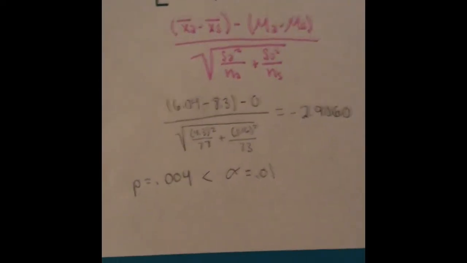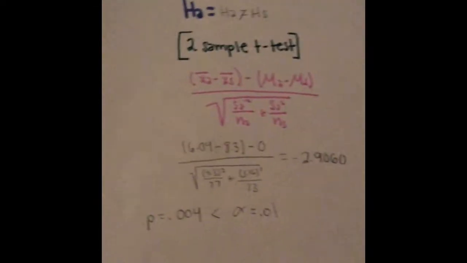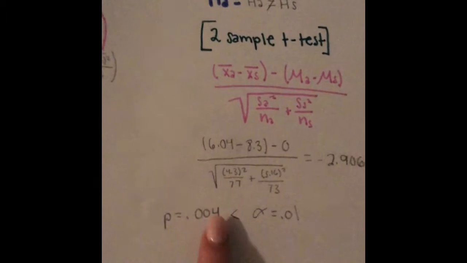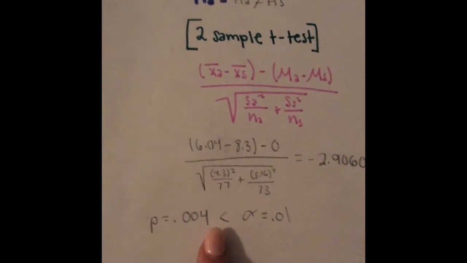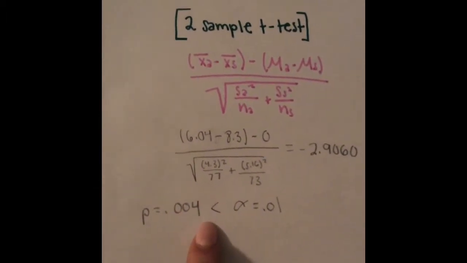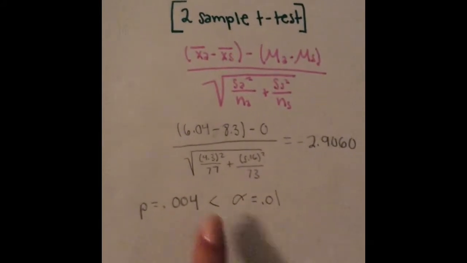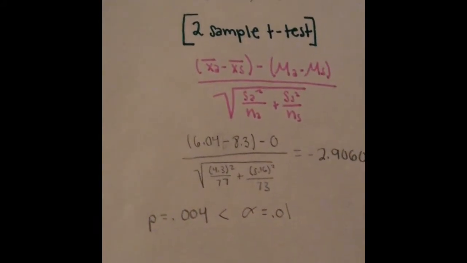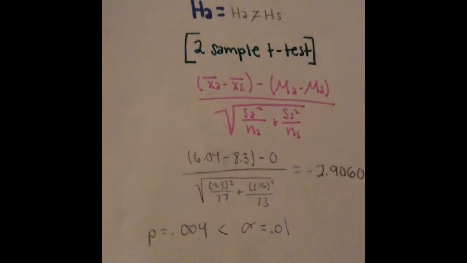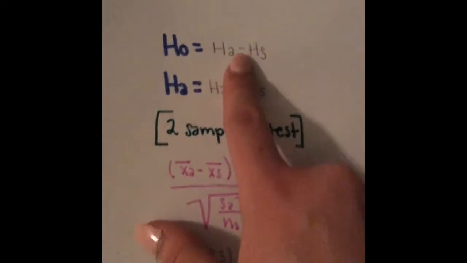At an alpha level of 0.01, we can actually reject the null hypothesis, pardon me, because P is less than alpha. And so there is enough statistical evidence to suggest that the wait times between ambulance and self-driven people is different, and that it's not the same.